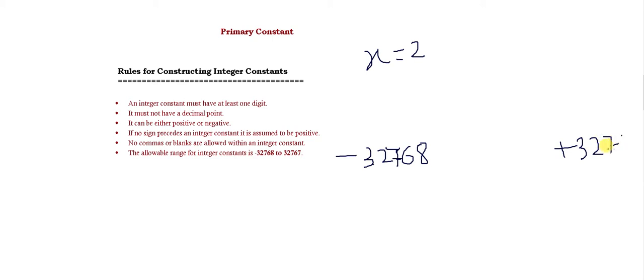So is 2 a valid constant? Yes, because 2 falls in the middle of these two limits. So you can declare x equal to 2.